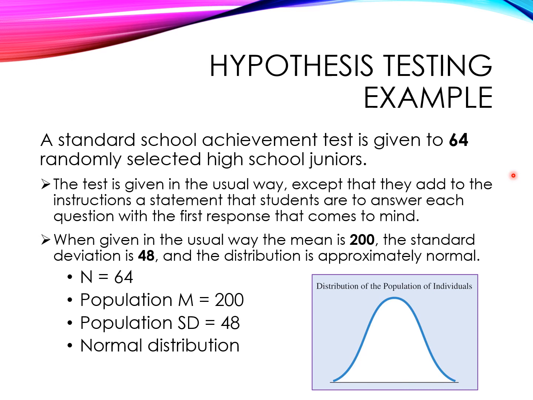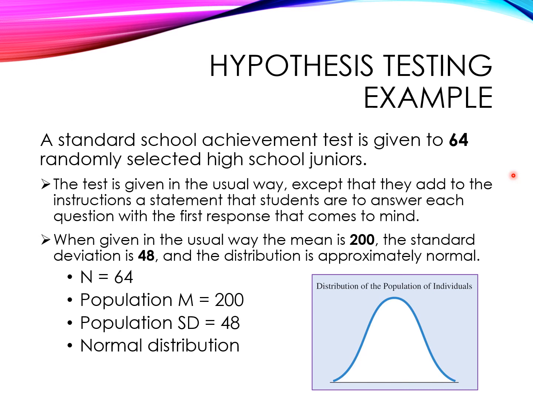When given in the usual way, the mean is 200, the standard deviation is 48, and the distribution is approximately normal. So from this information, we have the sample size N is 64, the population mean M is 200, the population standard deviation is 48, and we have a normal distribution.